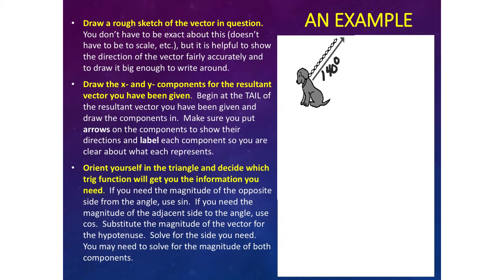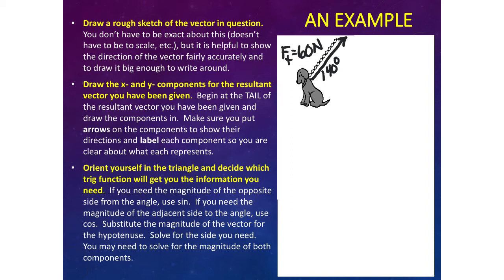The dog is being pulled or held with a force of tension equal to 60 newtons, and that force of tension is represented by that arrow right there. It is in the direction that the dog is being pulled by the chain.